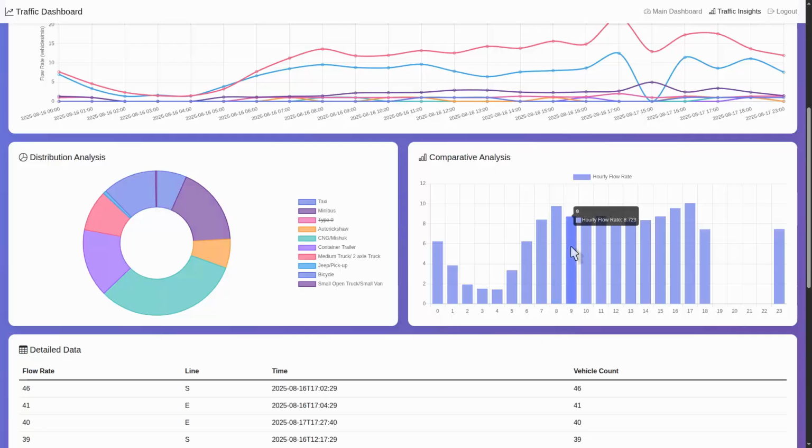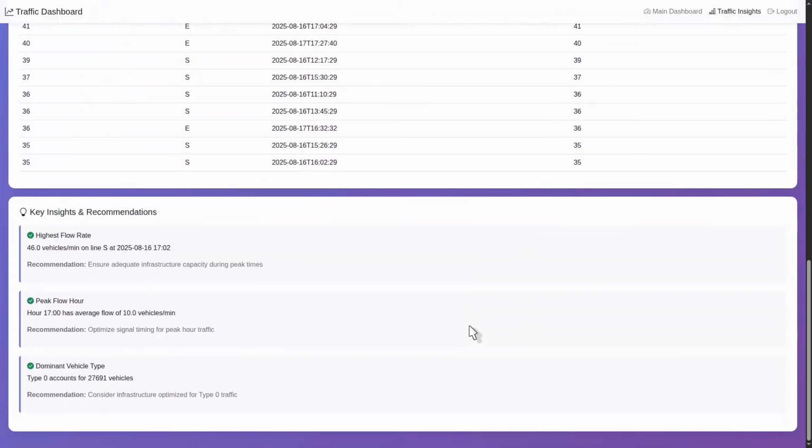Comparing to the 24-hour distribution of hourly flow rate, we see at 8 a.m. and at 17 p.m. we see the highest flow rate, 46 vehicles per minute at the southbound line, found at 17.02 second.